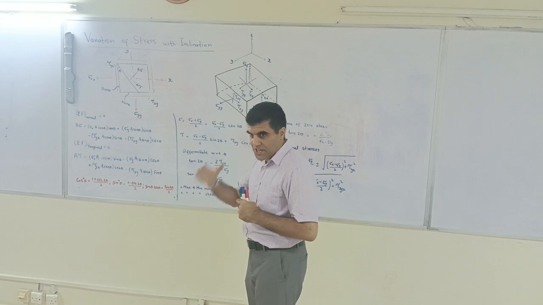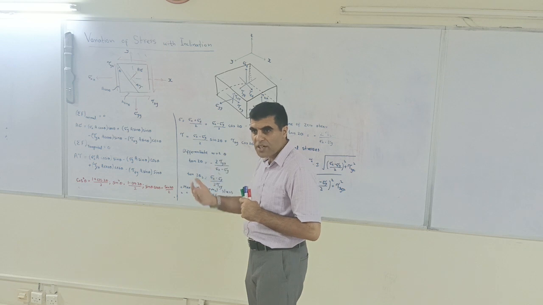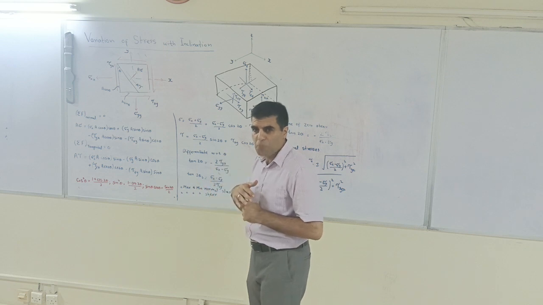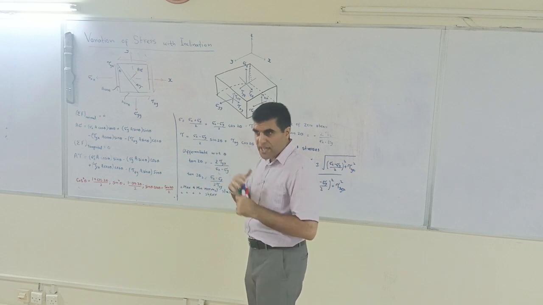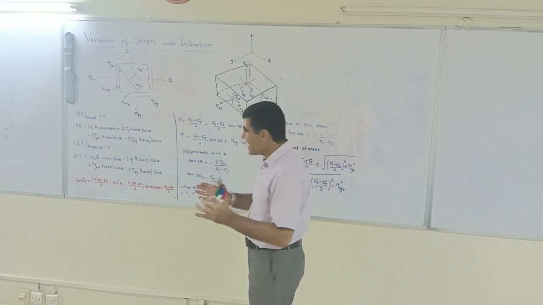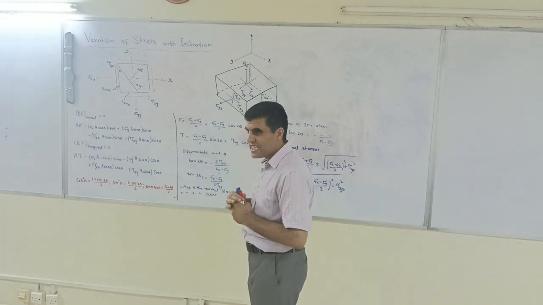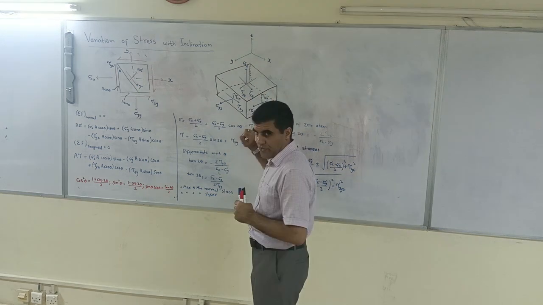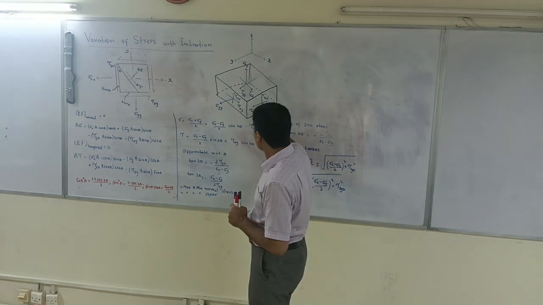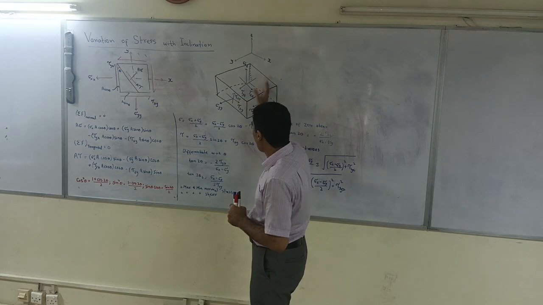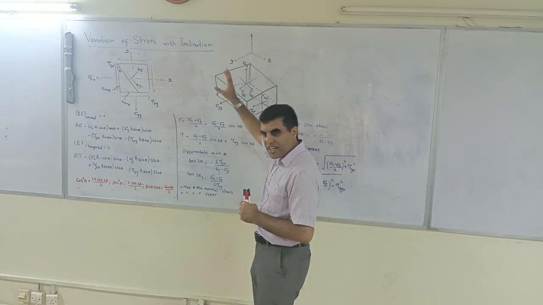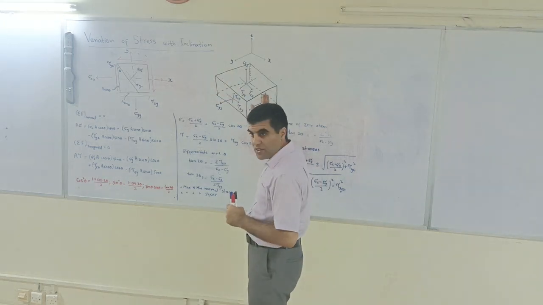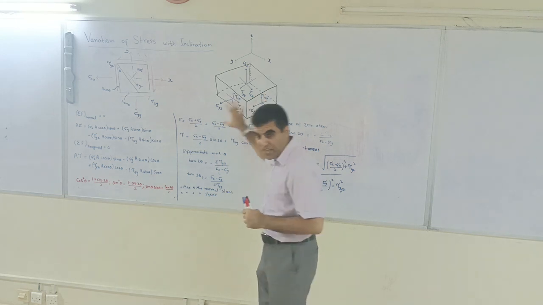But due to equilibrium, that is, the summation of all the forces must be equal to 0, and the summation of all the moments must also be equal to 0, we break it down to 9 components. And you can see 9 components appearing over here. All the other components are equal to the stresses which you can see in this sketch.